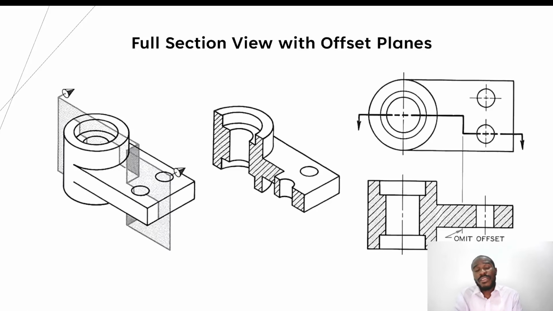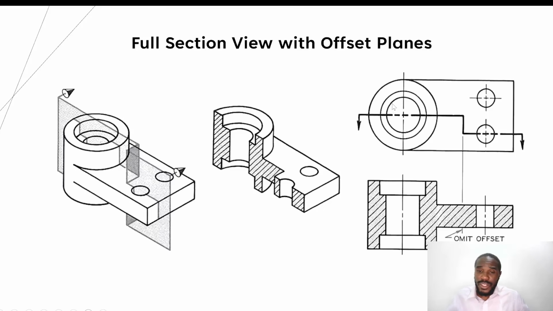And then there is a second type of section view that we call full section view with offset planes. So if you were going to cut an object right down the middle or at any point where you locate the cutting plane and you may not see certain features, then you offset your plane such that it is able to go through the features that you want to see.